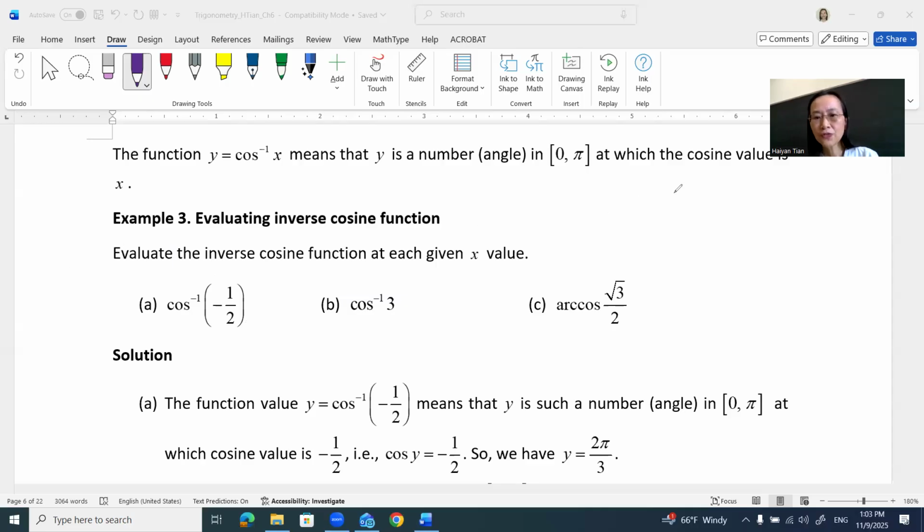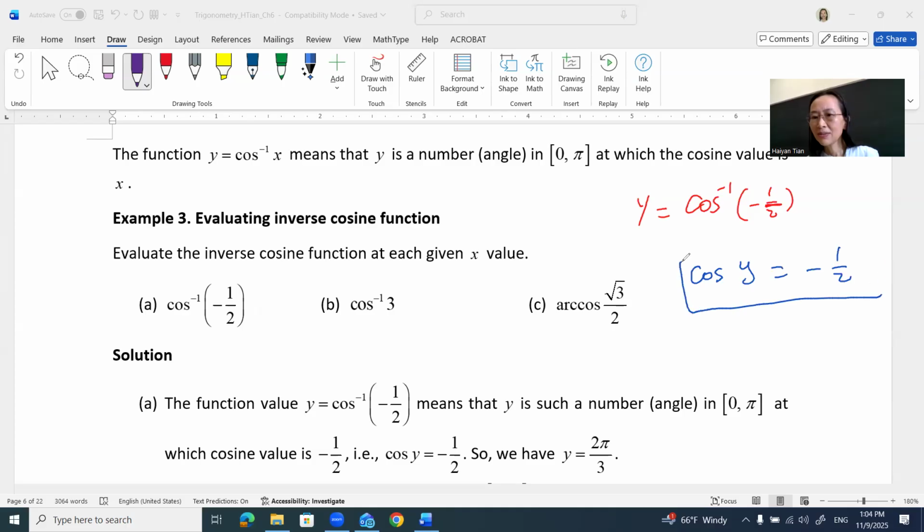So if you want to evaluate cosine inverse at negative half, you're trying to decide the y value, the function value, when the function has an input of negative half. To do this problem, we can rewrite it as: you're looking for the y whose cosine value is negative half.